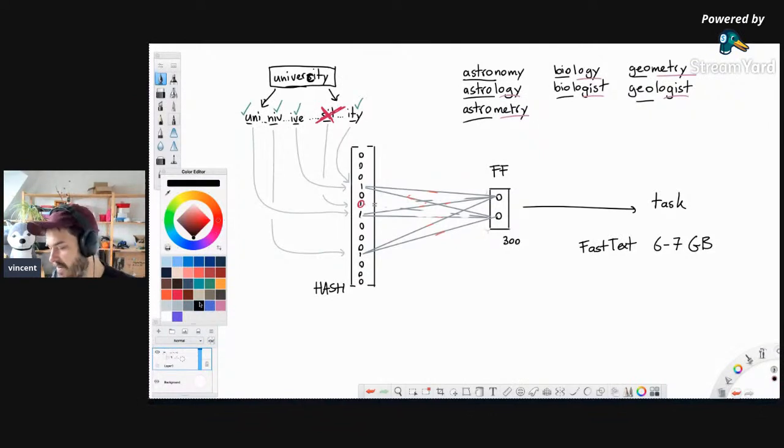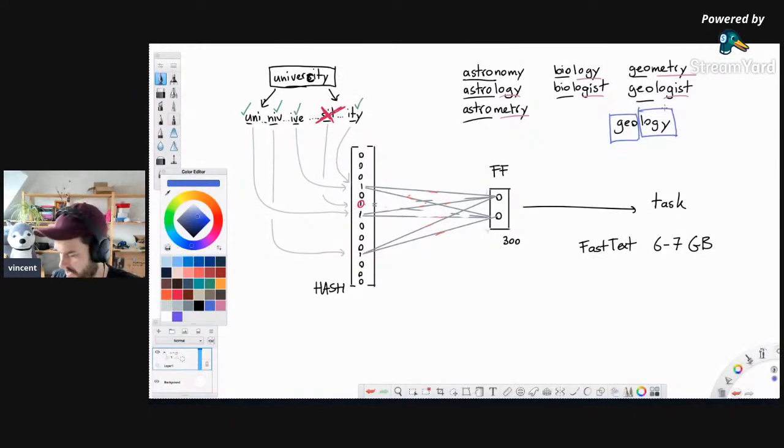And the nice thing about how language works is you don't have to know every single word or every single subtoken. Very often, words come to be by just combining two words together. So maybe if I've never seen the word geology before, well, then I can still guess what the word means. The main thing I've got to do is learn what geo means and learn what logy means.